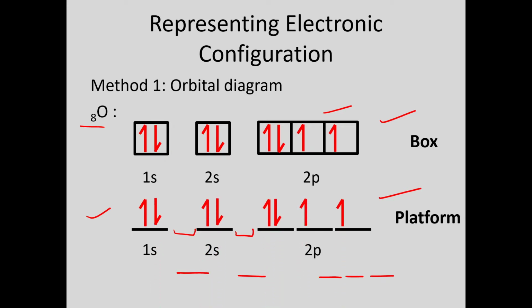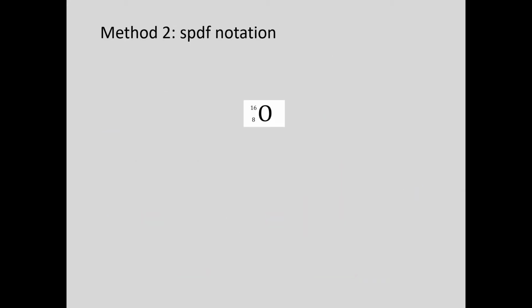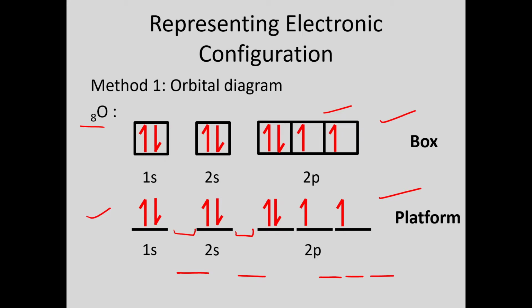And then untuk 2P, dia masuk semua atas dulu, baru satu bawah. Okay, this is the implication of the rules yang kita akan belajar lepas ni. Okay. And how selalunya this is orbital diagram.